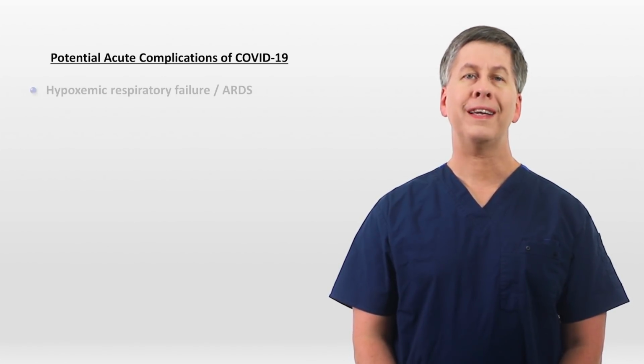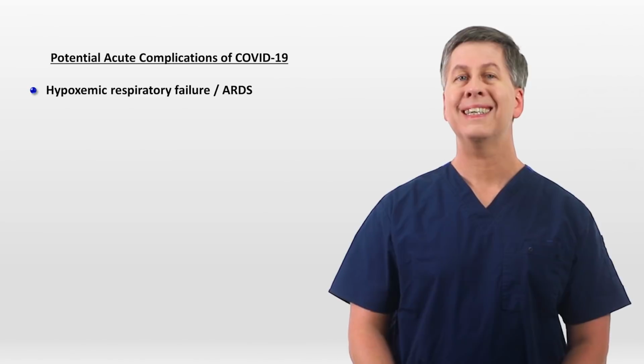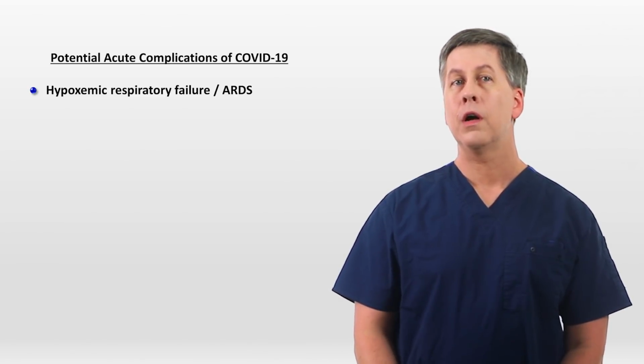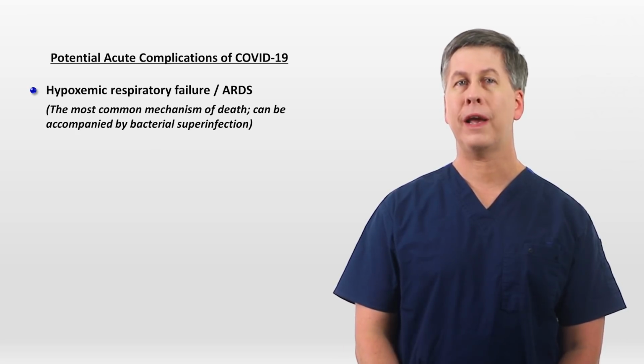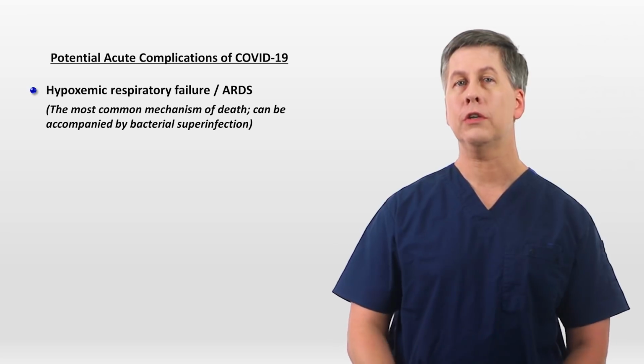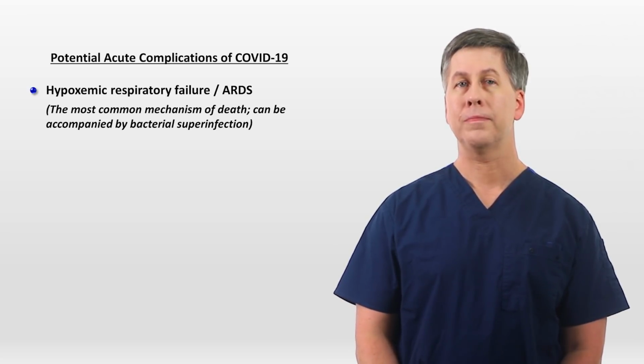There are some common acute complications of COVID-19. As already mentioned, one is hypoxemic respiratory failure, secondary to ARDS. This appears to be the most common mechanism of death in these patients, and which can be accompanied by bacterial superinfection requiring antibiotics.